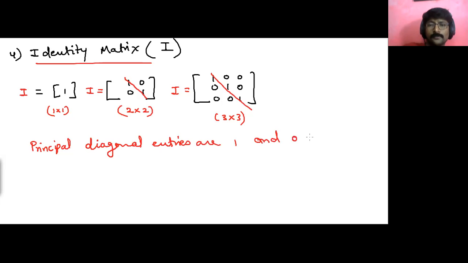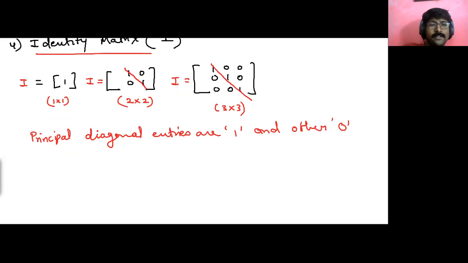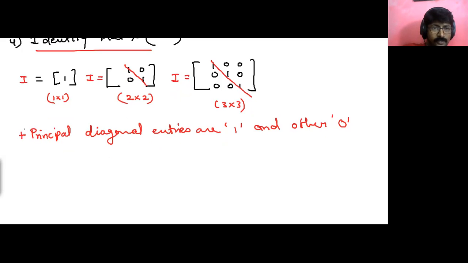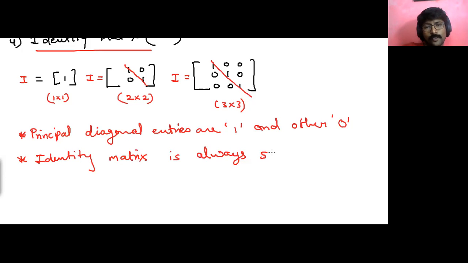You understood? It is that simple. And an identity matrix is always a square matrix.